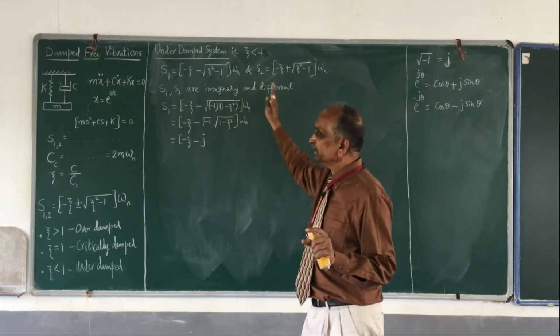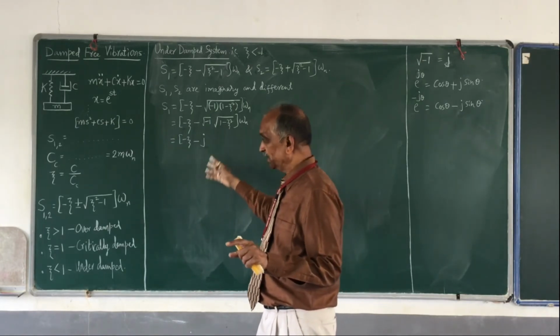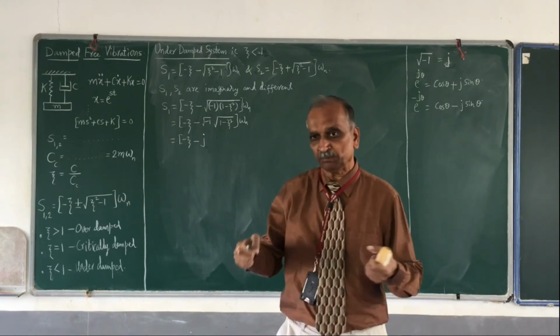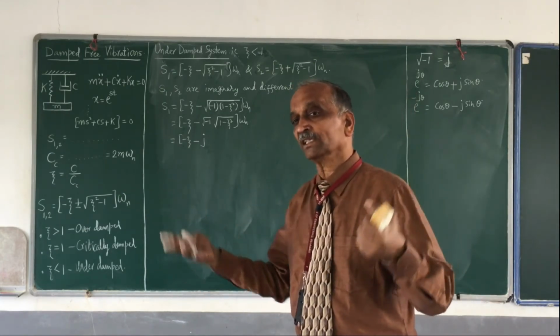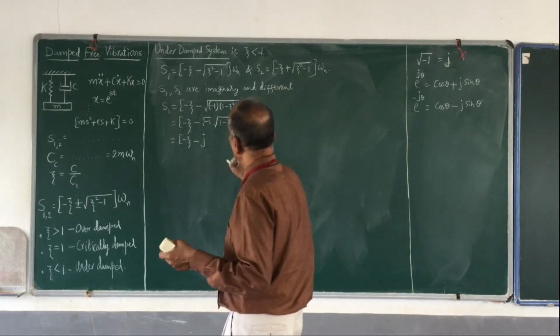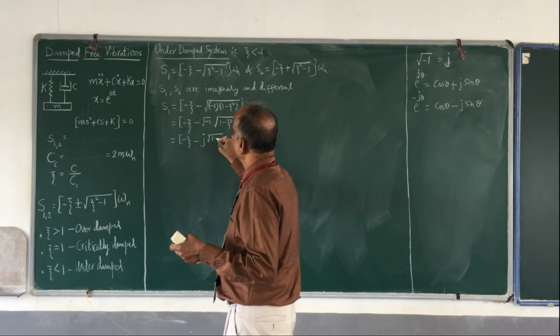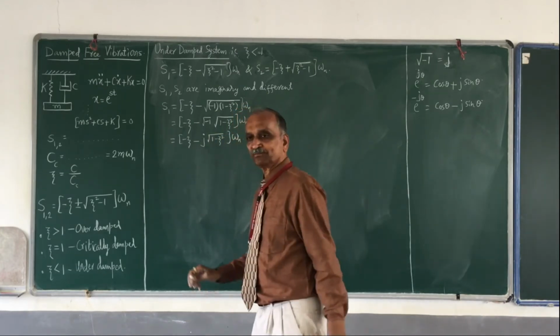I want you to write it down in your paper. Please refer to my books or my video several times. Please make your own notes. You may not get notes later on for the IIT test. Please make it now only. So j into root of 1 minus theta square multiplied by omega n.